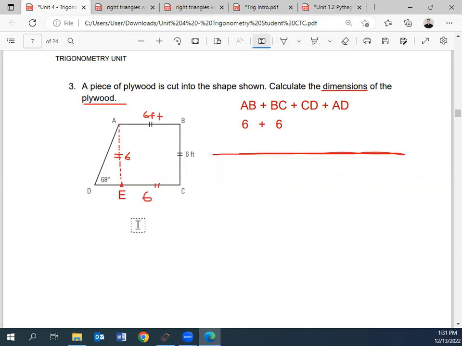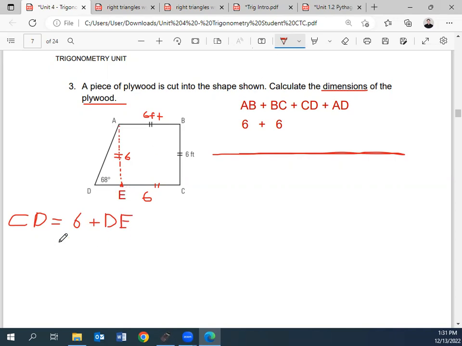You could do it without doing this. It's just gonna make it a little easier to organize. So technically, the line CD is really just CE, the 6 feet, plus this little part here, this DE. So it's really just going to be 6 plus DE. Making sense? Cool. So let's figure out what DE is.